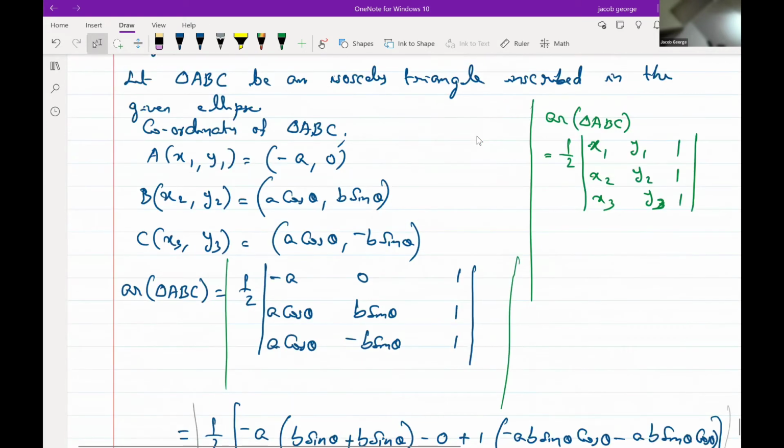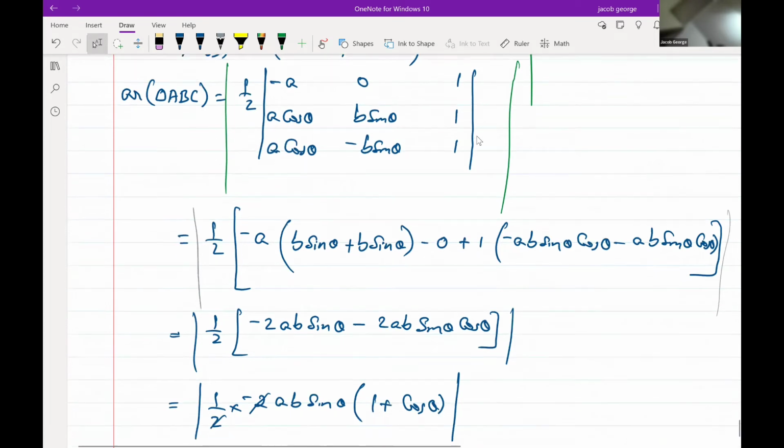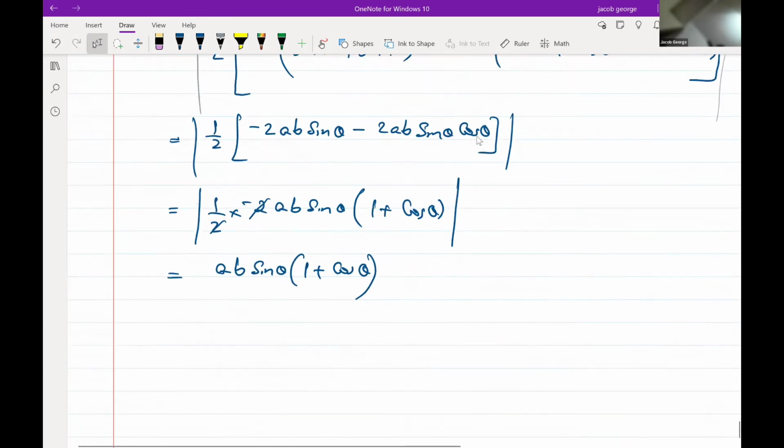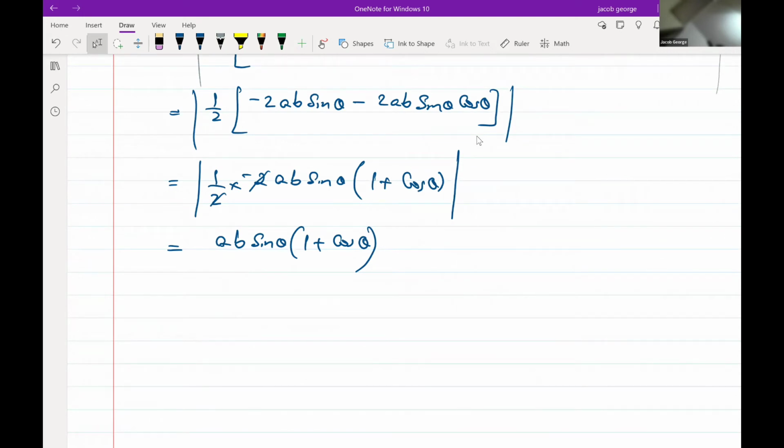Then we wrote the determinant formula for the area of the triangle, substituted easily, and got this area function. Now the remaining steps are our normal steps. This is f of theta, find f dash theta, equate it to 0, then the second derivative. So we continue: let f of theta be equal to ab sin theta into 1 plus cos theta.